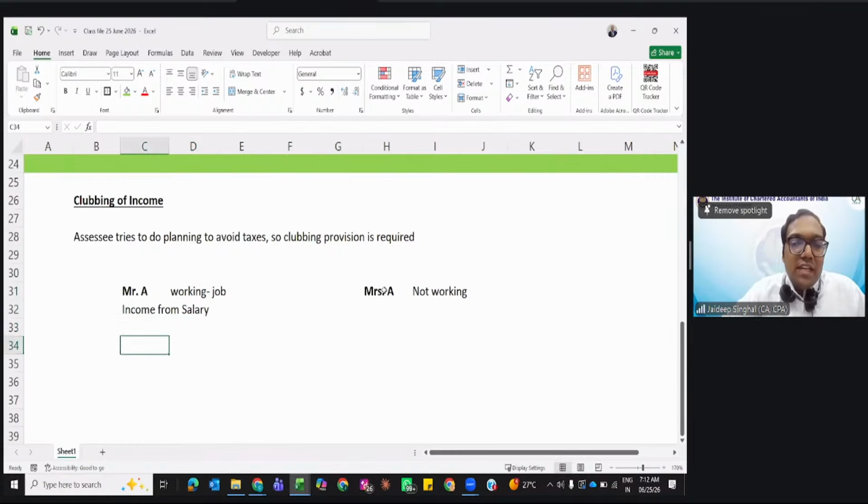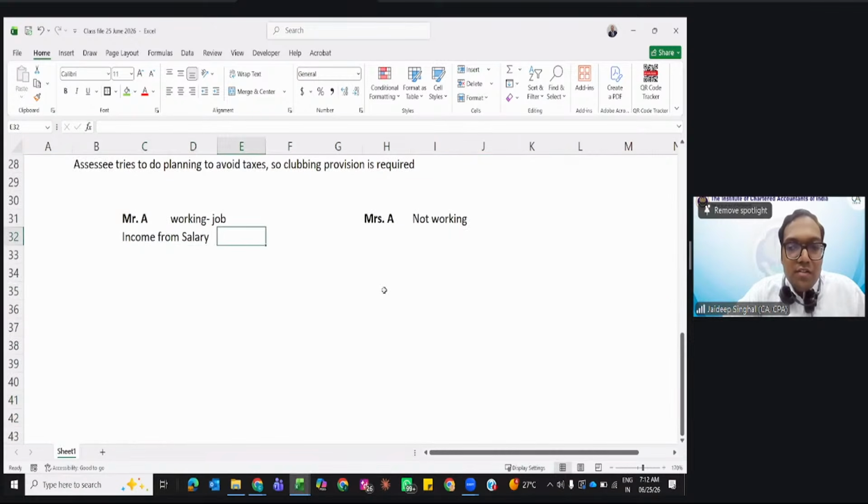Now, Mr. A has income from salary of 25 lakhs. Let's suppose this is computed income, meaning after the standard deduction. How much is the standard deduction?